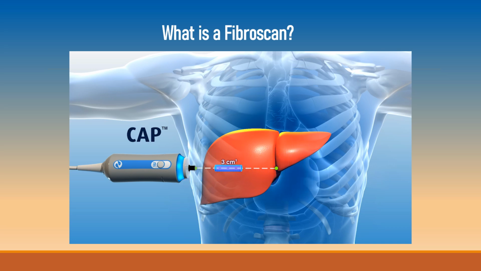As fat builds in the liver, the rate of ultrasound signal absorption increases, resulting in a higher CAP value reported in decibels per meter. A low attenuation rate is associated with lower levels of fat. A higher attenuation rate is associated with a higher level of fat in the liver tissue.